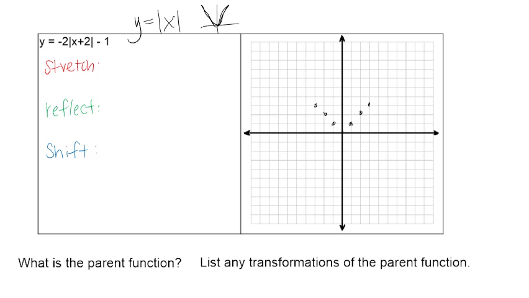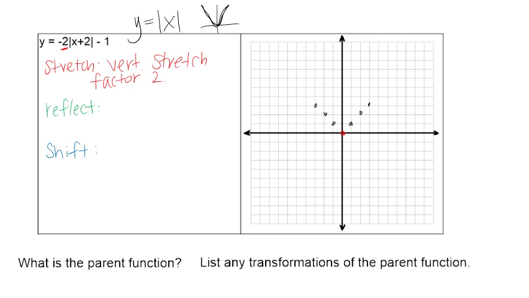So the first piece is, are there any stretches? Well, is there any multiplication happening here? Yes, I'm multiplying by 2. So I would have a vertical stretch by a factor of 2. Okay, so all of these points, I'm going to multiply the y value by 2.